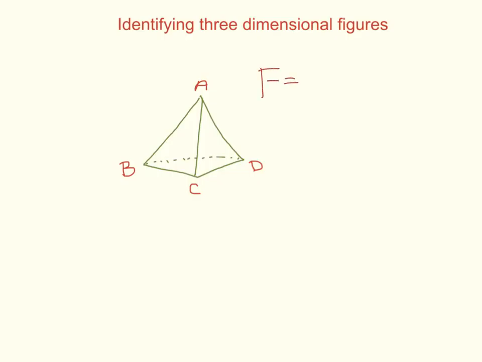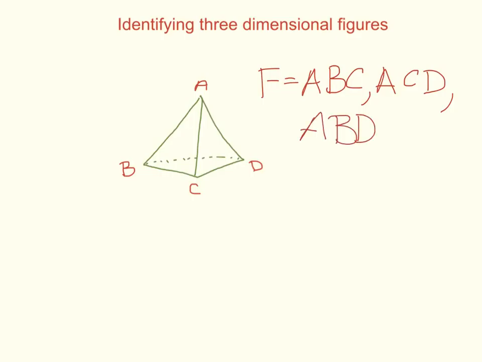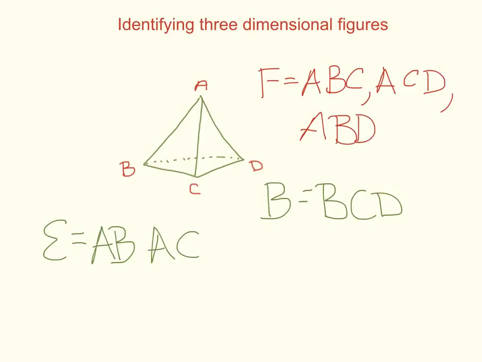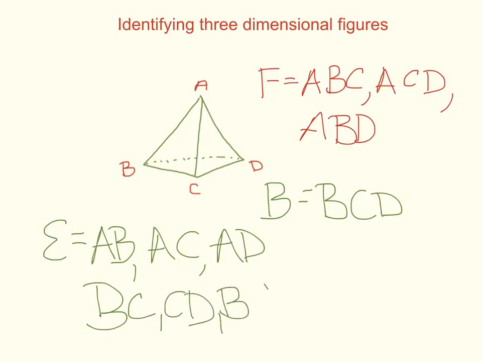If we were listing just the faces, we would list A, B, C; A, C, D; and A, B, D. The base in this example would be B, C, D. Your edges would be AB, AC, AD, BC, CD, and BD.